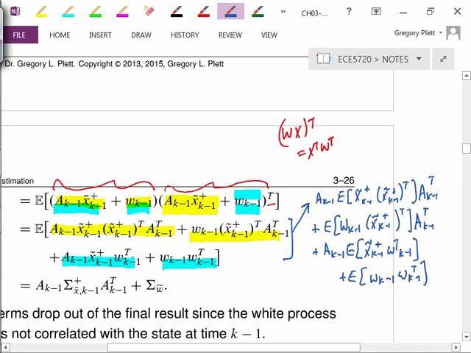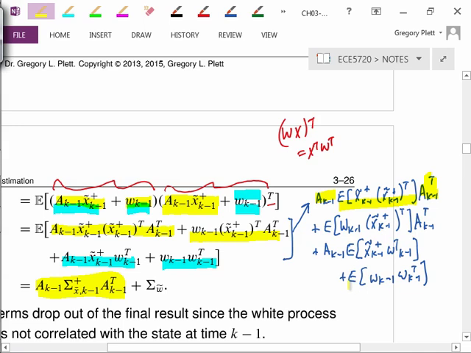So just the linearity of expectation allowed me to do this. What we have here is I have A, and in the middle, expected value of x̃ x̃ transpose, by definition, is Σ x̃⁺. So all of that term becomes this right here.